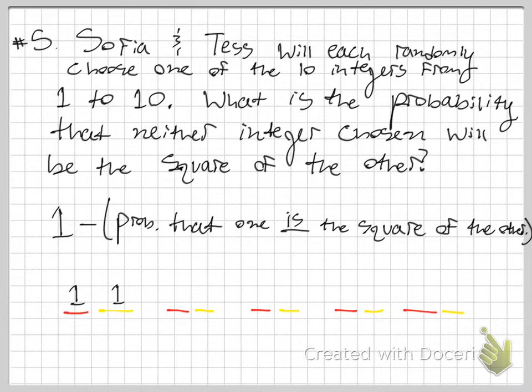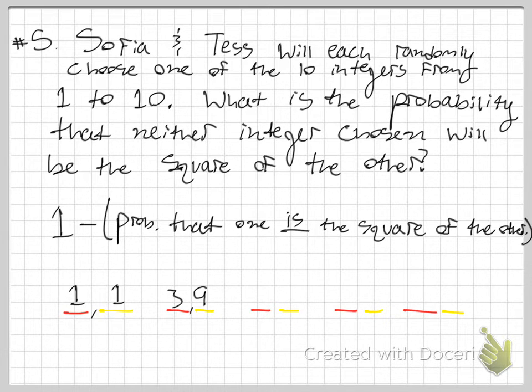All right, so let's think of all the scenarios in which one is the square of the other. Either Sophia's selection is the square of Tess's selection, or Tess's selection is the square of Sophia's selection. If Sophia gets a 3 and Tess gets a 9, right? Then 9 is the square of 3.